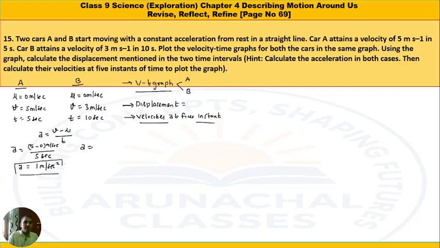For car B it will be 3 minus 0 meter per second upon 10 seconds. So it is 3 upon 10, that is 0.3 meter per second square. That is the acceleration for car B.